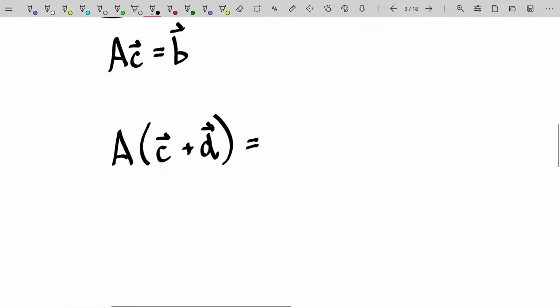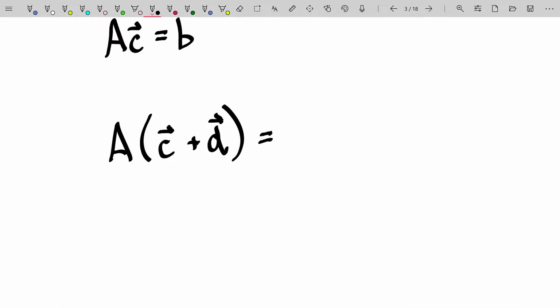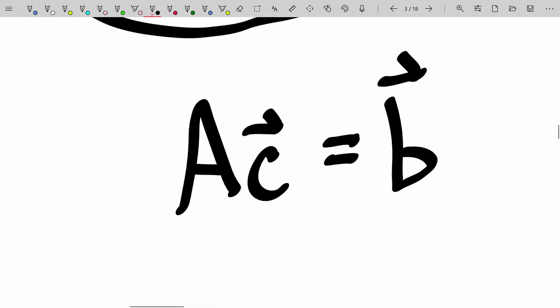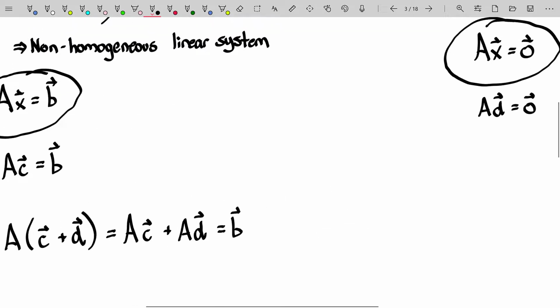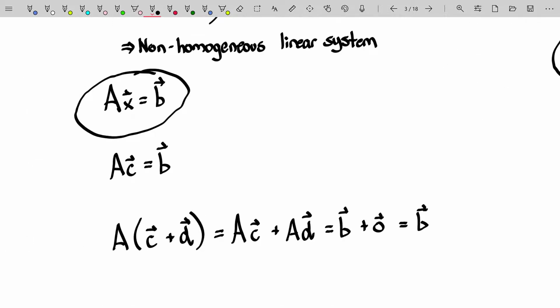So going back here, this matrix A times C plus D is actually the matrix A times the vector C plus the matrix A times the vector D. But remember, we're pretending as though A times C is actually B, and we're pretending as though A times D is equal to 0, and the vector B plus 0 is just the vector B. So not only is C a solution to AX equals B, so is C plus D, because A times C plus D is also equal to B.